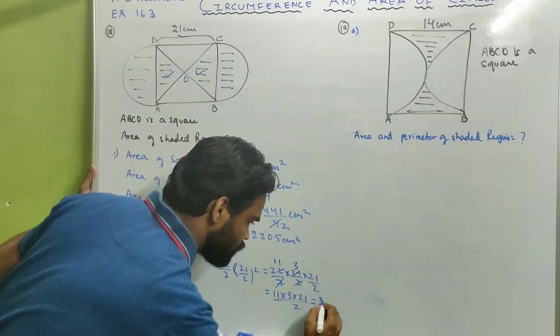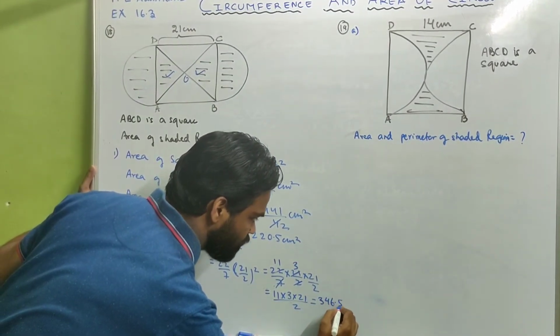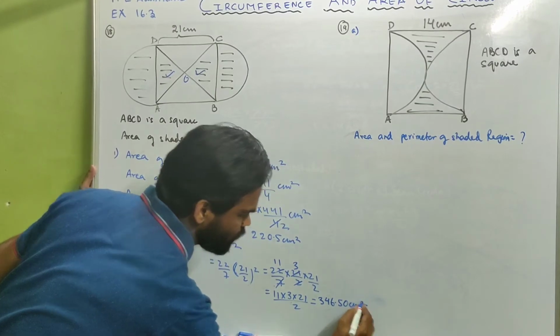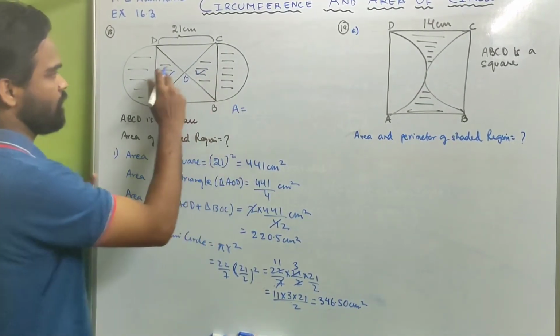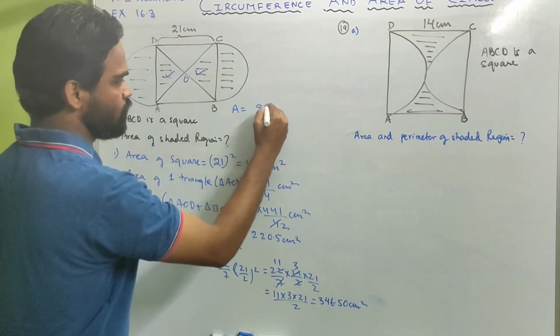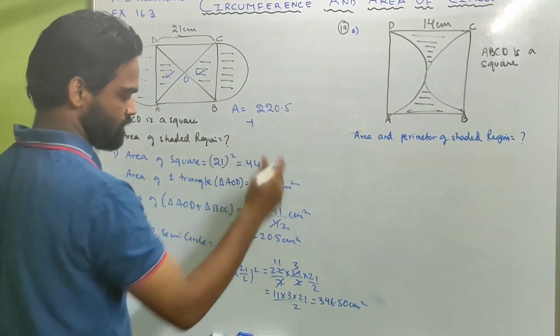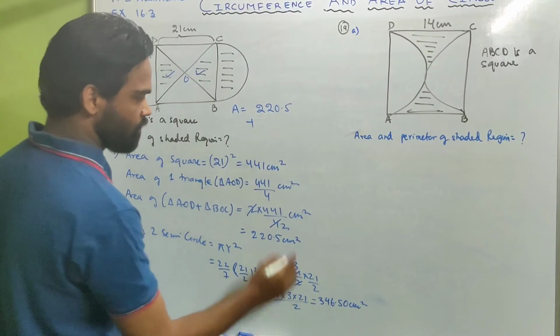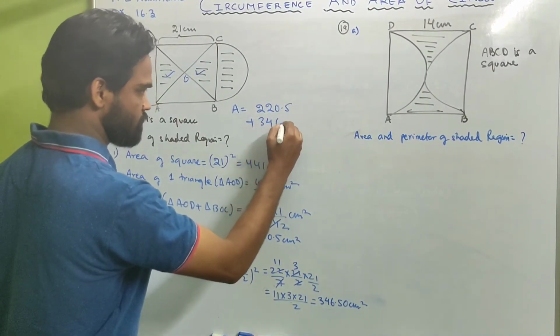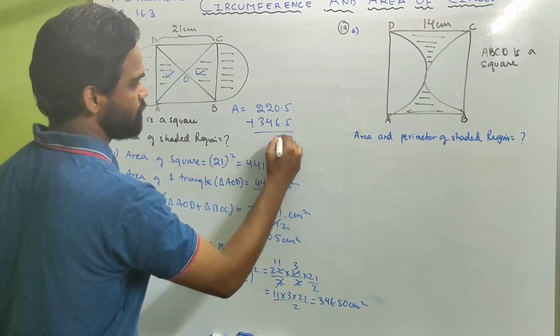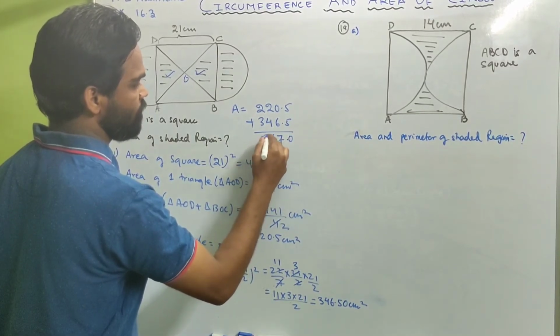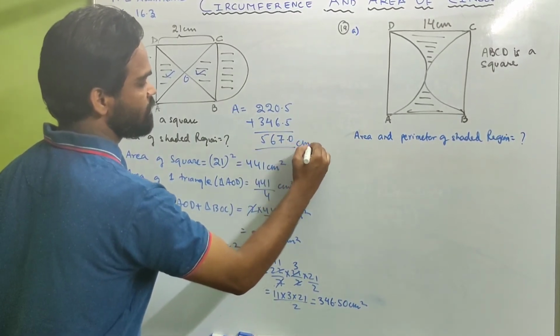That's 346.50 centimeter square. So area of the shaded region will be area of these two triangles, which is 220.5, plus area of the two semicircles, which is 346.5. So you add it, and you get 567 centimeter square.